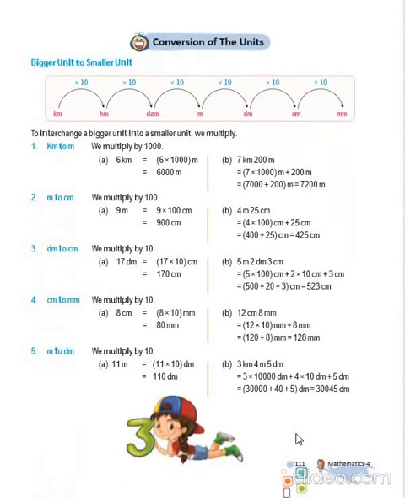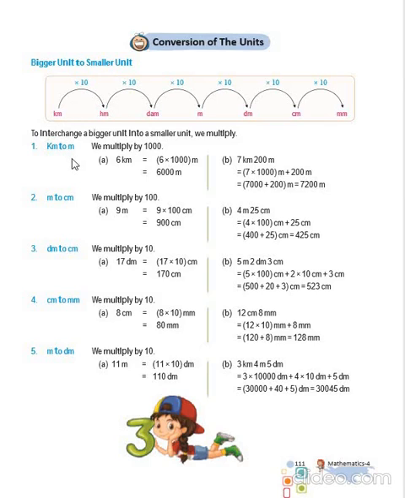Now let's learn the conversion of the units. Bigger unit to smaller unit. If you want to convert this, you have to multiply by 10. For this, you have to multiply by 10.